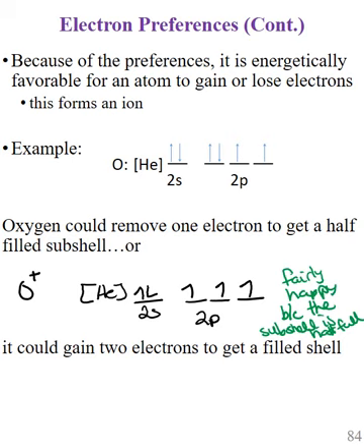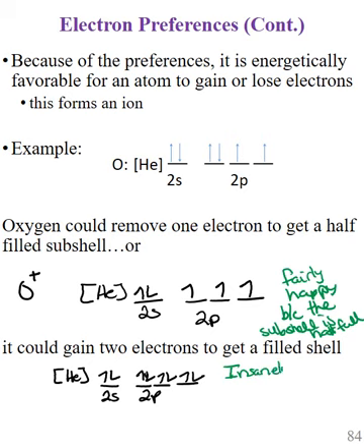Okay, now another thing that it could do is it could gain 2 electrons to get a filled subshell. So let's write the noble gas configuration for that. This electron configuration is insanely happy, because it's a filled shell.